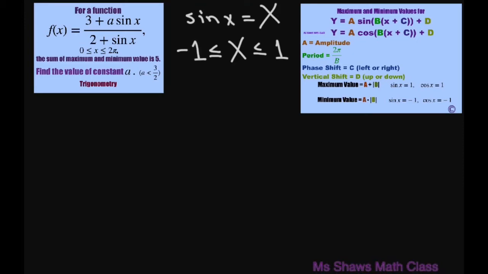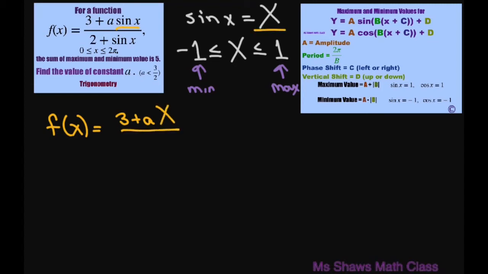This would be your max value. This would be your minimum value. So I can rewrite this now as f of x equals 3 plus a, and now for sine of x, I'm just going to write this big X divided by 2 plus big X here.